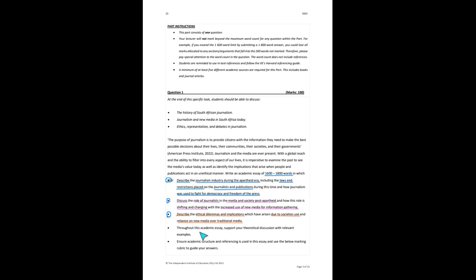All right, so then it says, throughout this academic essay, support with theoretical discussion with relevant examples. Do you say the pressure it puts on the journalists? Yes: what pressure the new media puts on the journalists. Basically, because we as society are so reliant on digital media, it puts added pressure on journalists to get media out 24/7.